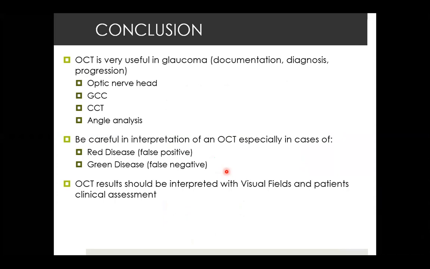You have to be careful about the interpretation of an OCT, especially in the cases of red disease, false positives, and green disease, false negatives. But I think the final take-home message is that the results must be interpreted together with the visual fields and the patient's clinical assessment. Don't make an isolated diagnosis just from an OCT printout. You really have to have seen this patient and seen their visual field.